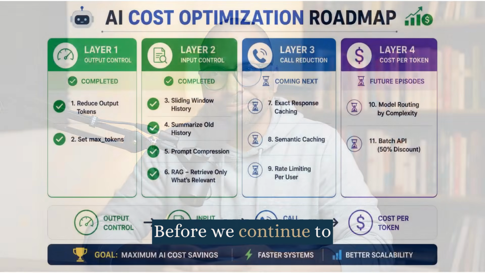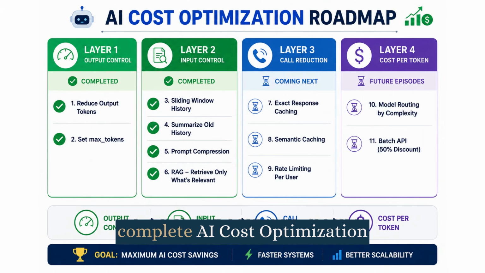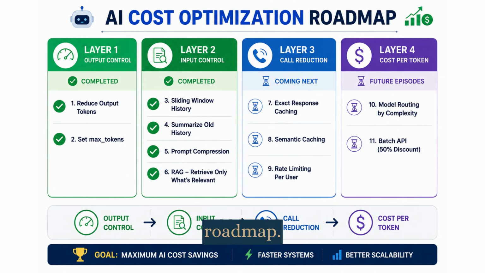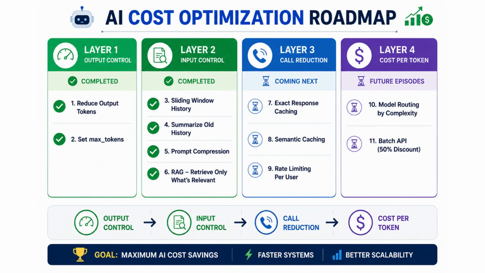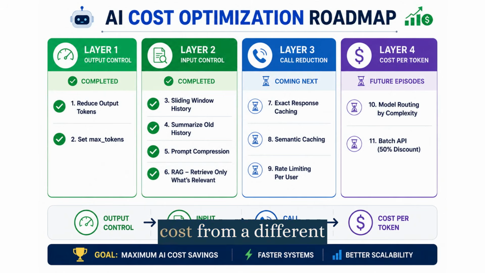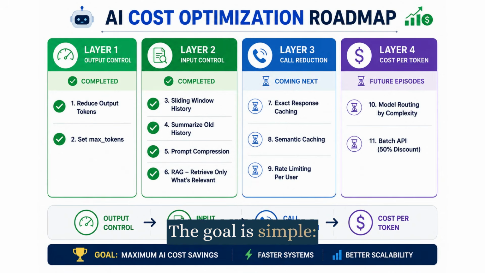Before we continue to the next episode, let's take a step back and look at the complete AI cost optimization roadmap. The journey is divided into 4 layers. Each layer attacks AI cost from a different angle. Layer 1 focuses on output control. The goal is simple: generate fewer tokens.